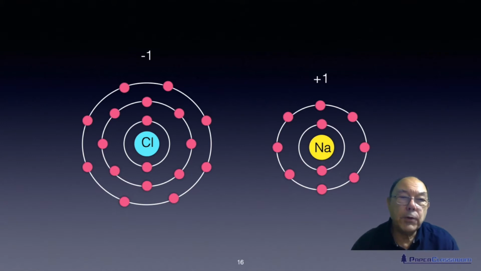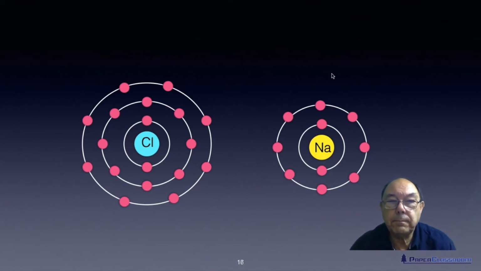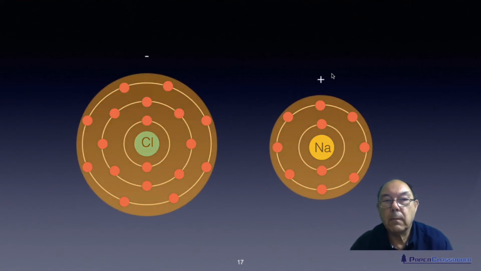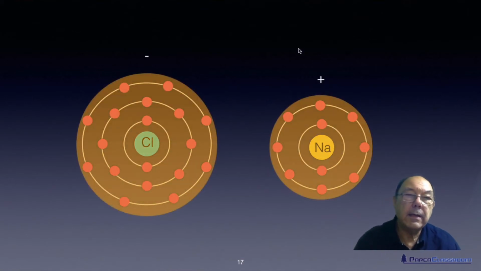So just to remind us, this ion now, the chloride ion, has a charge of -1, and this sodium ion has a charge of +1. So what we've effectively got now is a negative ion and a positive ion.